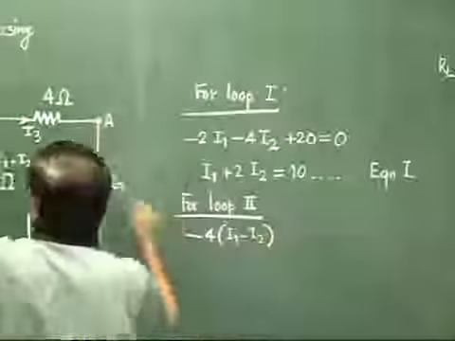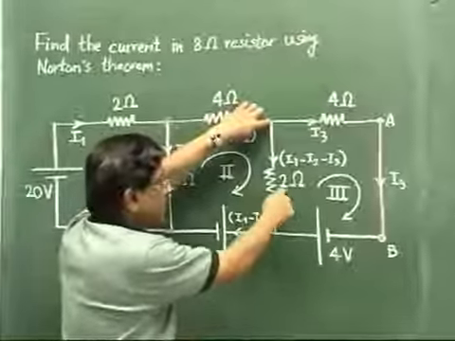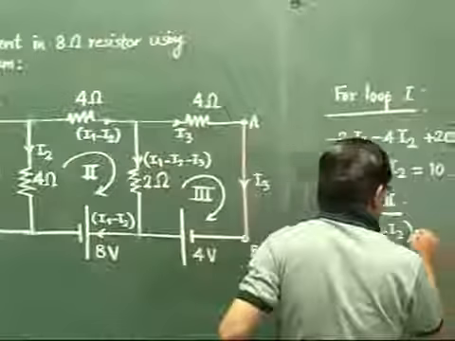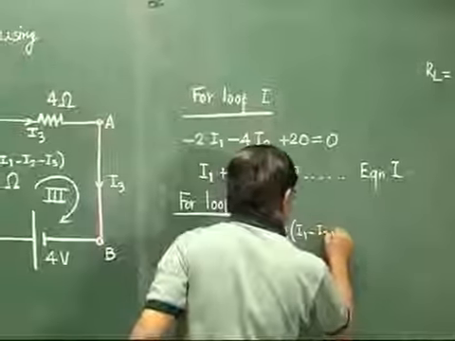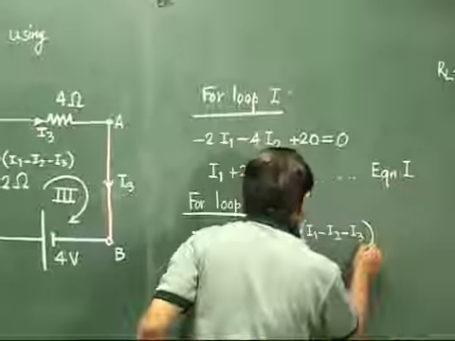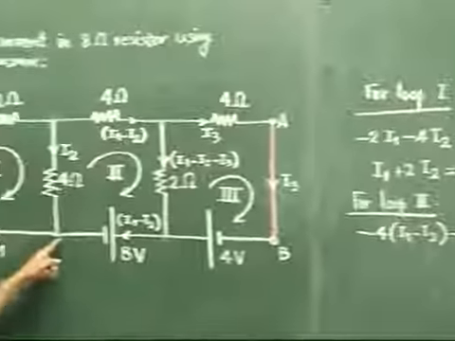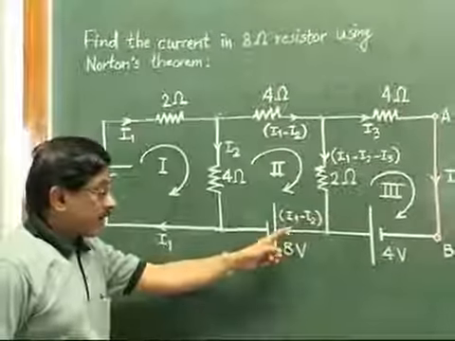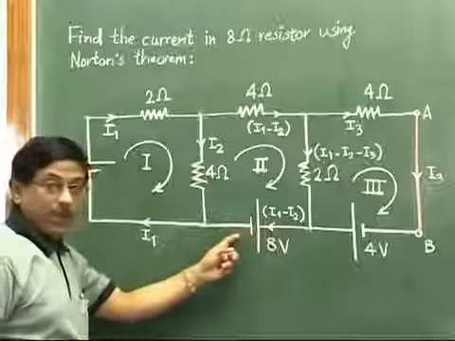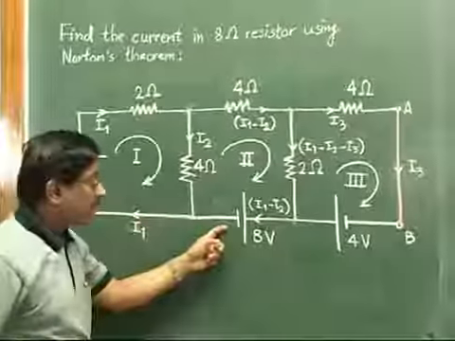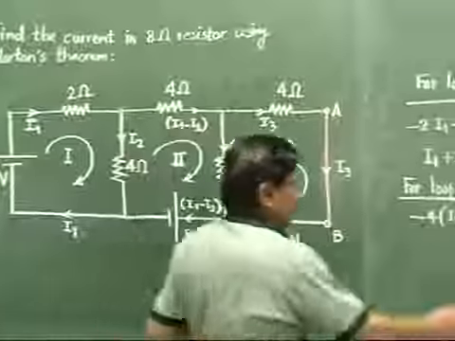Then next, coming down will be minus 2 times (I1 minus I2 minus I3). Then to the left there is a battery, but we are jumping now because we are coming back like this. So we are jumping from the positive to the negative plate, to lower potential, so it will be minus 8 here. So minus 8.